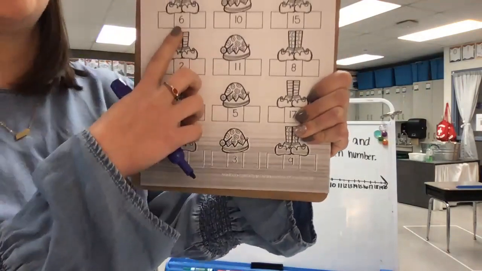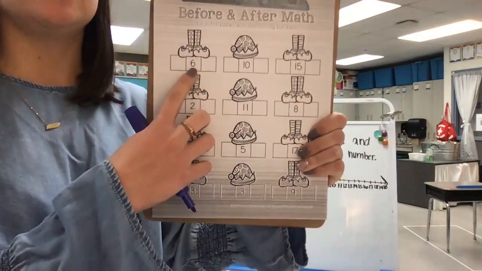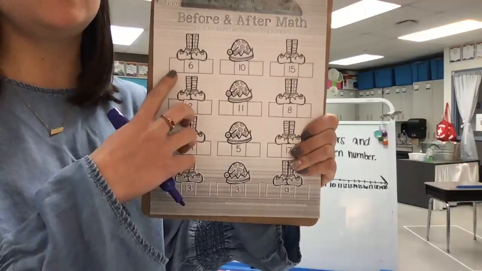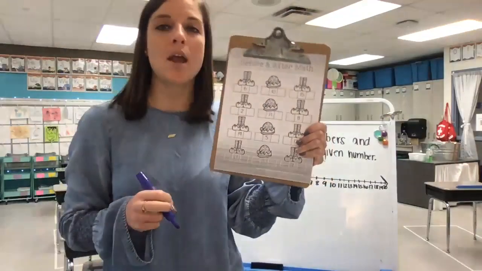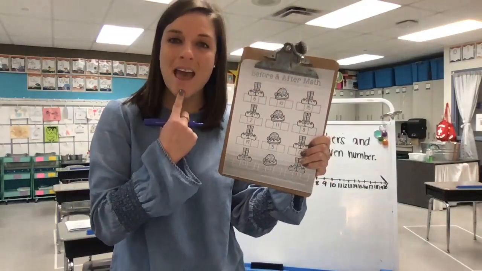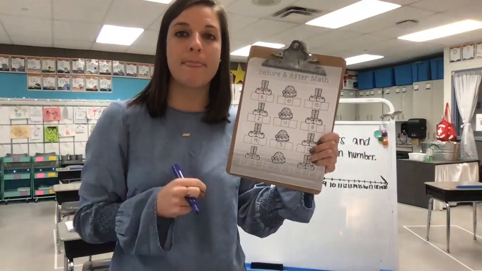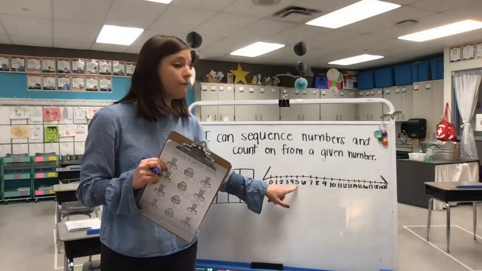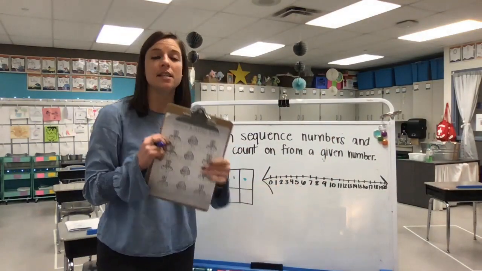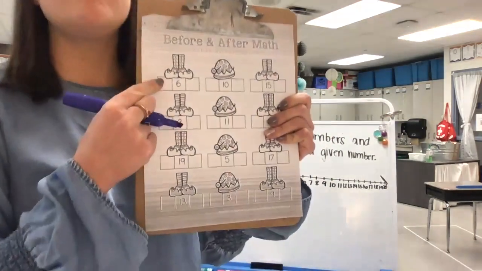Let's start with our first problem. They give us 6. What number comes before 6 on our number line? Think about it. When you're counting, what number does your mouth say before 6? 1, 2, 3, 4, 5, 6. So 5 comes before 6.